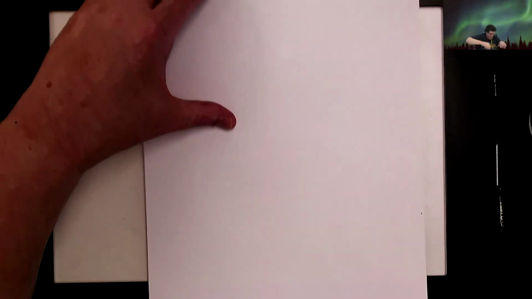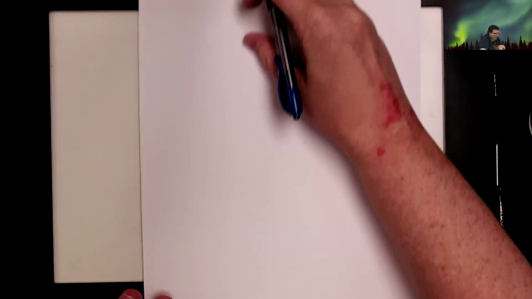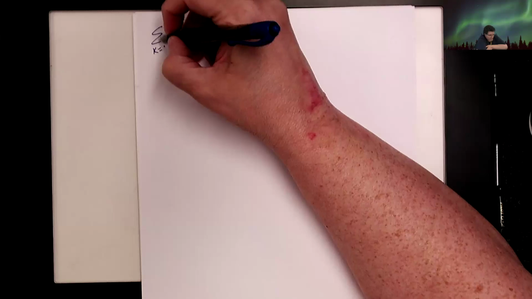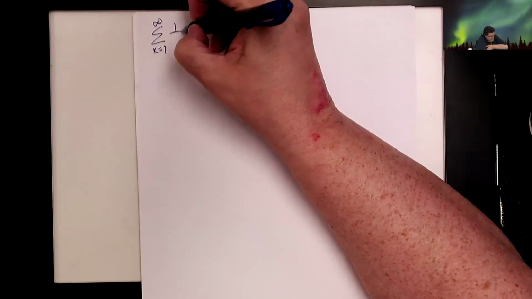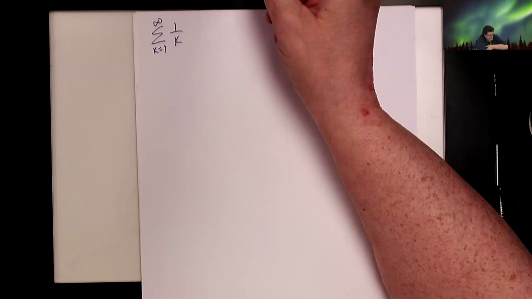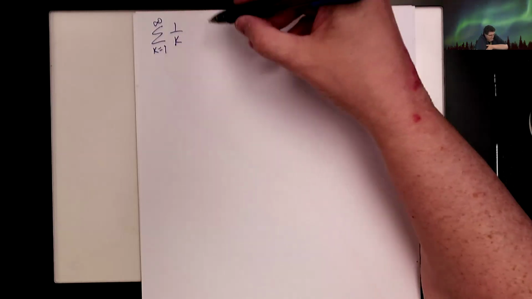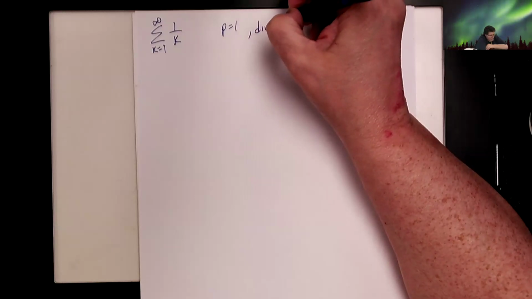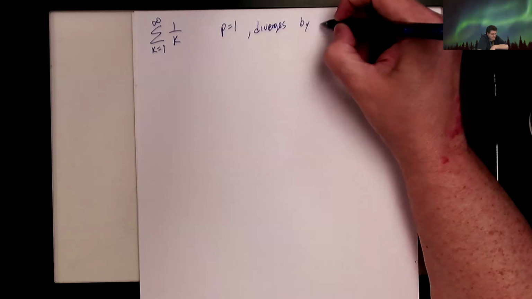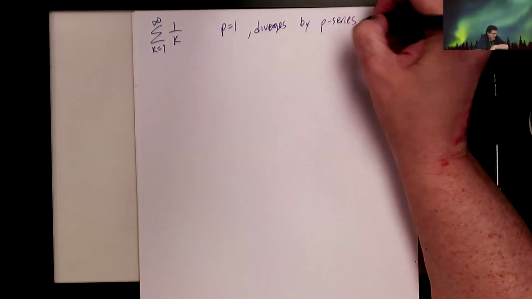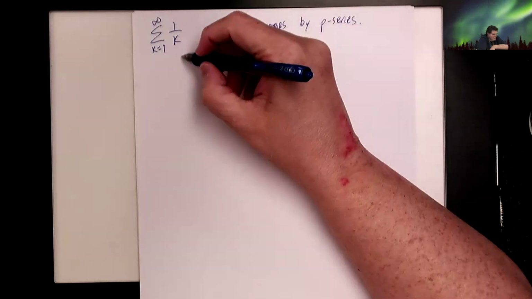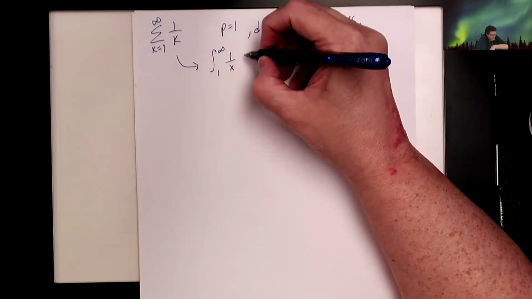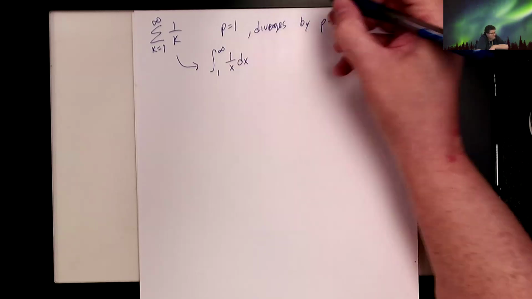All right. Harmonic series. We already know the answer to the harmonic series. The sum from k equals 1 to infinity of 1 over k. This is p equals 1, so this should diverge by the P series. But we can also show it using the integral test. The integral test would be doing 1 over x dx.